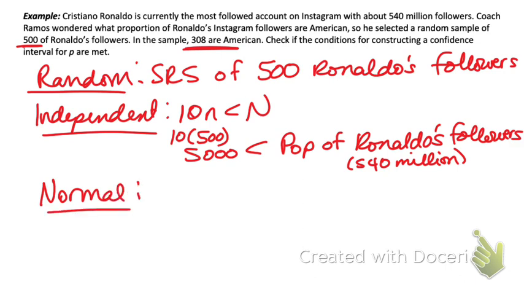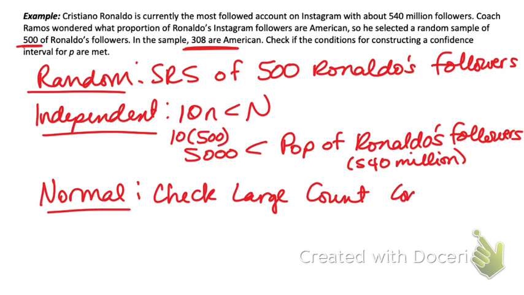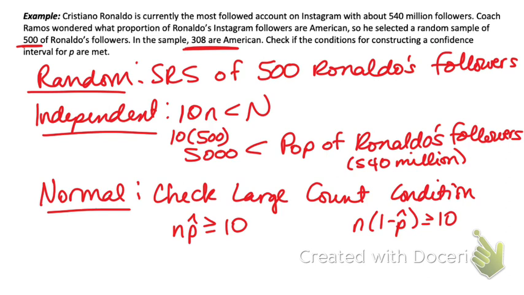So we're going to check the large count condition. n times p hat has to be greater than or equal to 10, and n times 1 minus p hat has to be greater than or equal to 10. So n is our sample size, p hat is the proportion in our sample that meet the qualification we're looking at. So this is the proportion that are American.